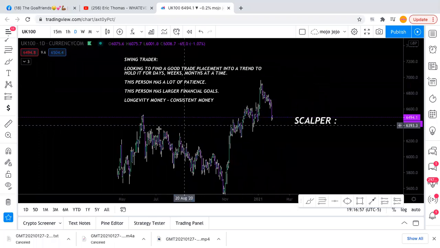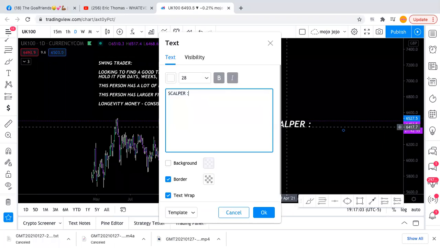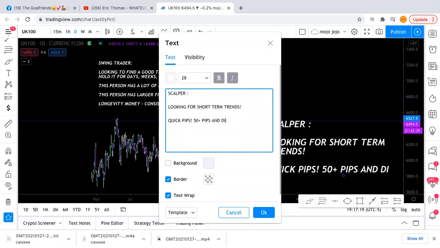And then you have a scalper. The scalper is looking for short-term trends. Quick pips. 50 plus pips and dip.